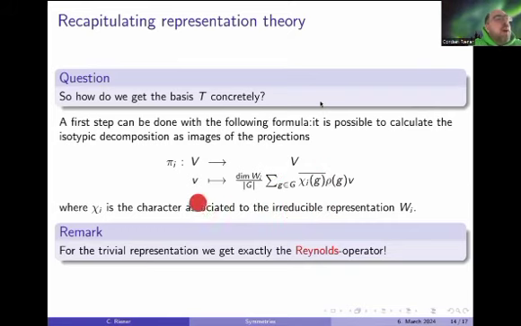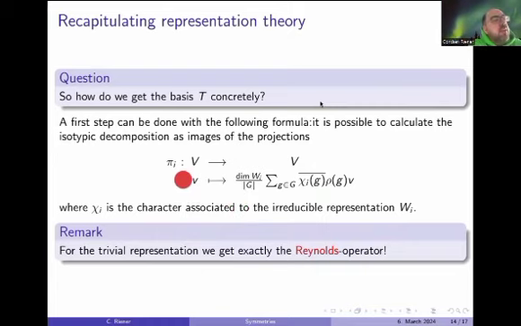If I apply this to a vector small v in big V, I get, of course, again a vector in big V. And the important thing is that these projections actually map onto the irreducible representation Vi. This may be a little unclearly formulated here, sorry for that.